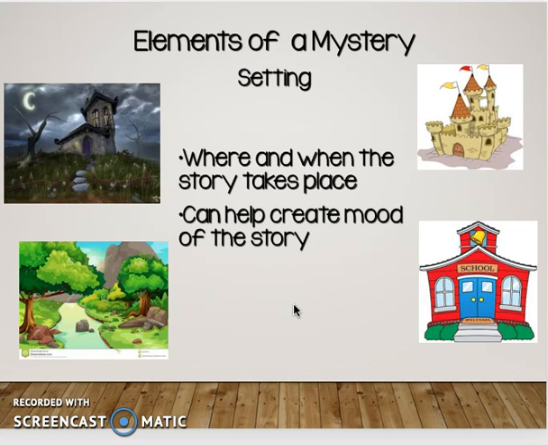Then the next element of a mystery is the setting. And we know that the setting means where and when the story takes place. And a lot of times the setting can help create the mood of the story.